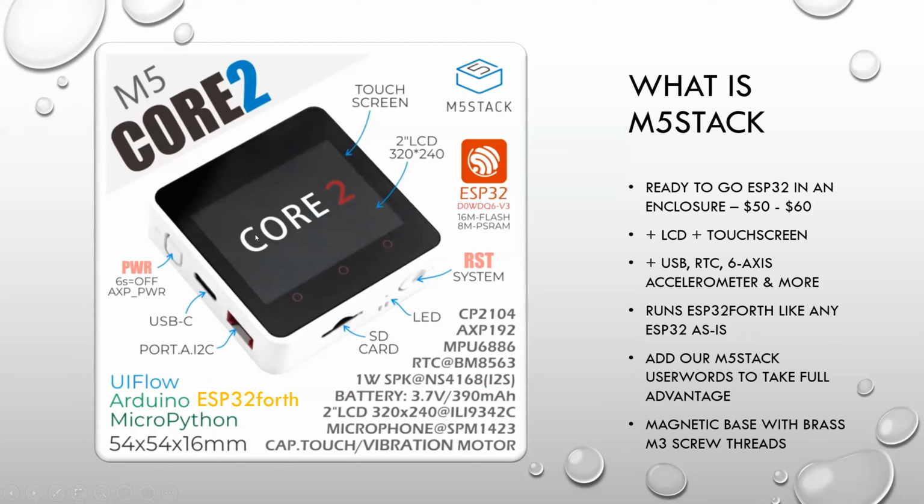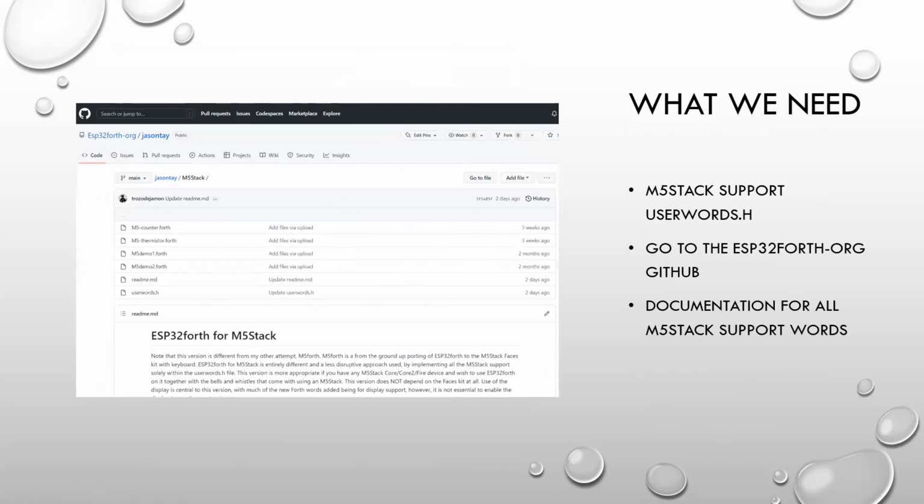You try the button here, you try the button there, try the button with different sizes and so on. And if you have to recompile it each and every time, you can imagine that starts to become a very time-consuming thing. And that's where running all of this in ESP32Forth really makes a big difference.